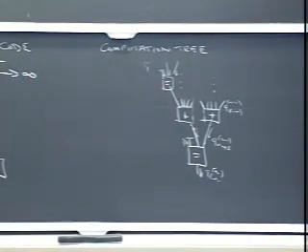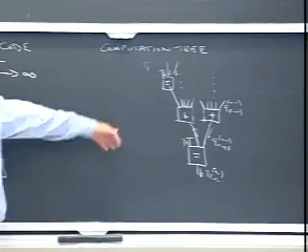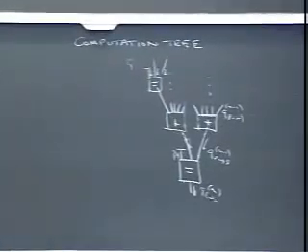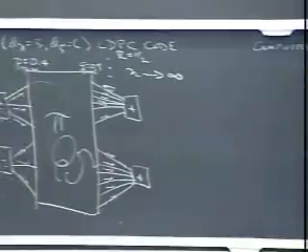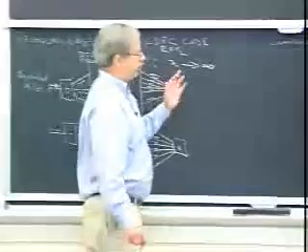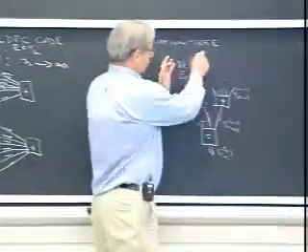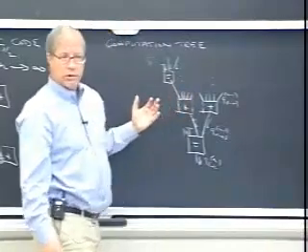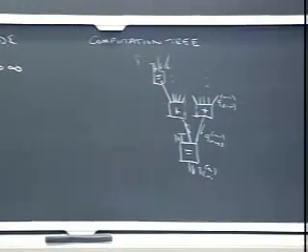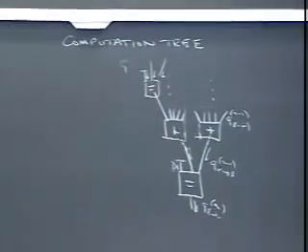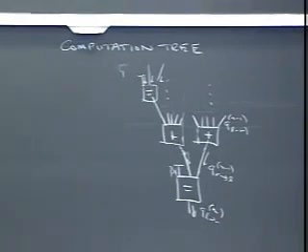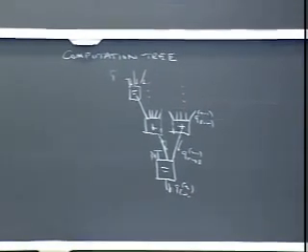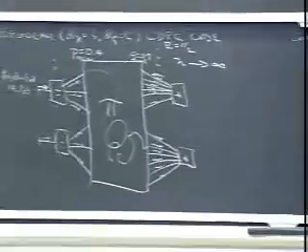So I fix the number of iterations I'm going to look at. I let the length of the code go to infinity. I let everything be chosen pseudo-randomly over here. Then the probability of seeing the same message or bit twice in this tree goes to 0. And therefore, in that limit, the independence assumption becomes valid. That is basically the argument. So I can analyze any fixed number of iterations in this way.